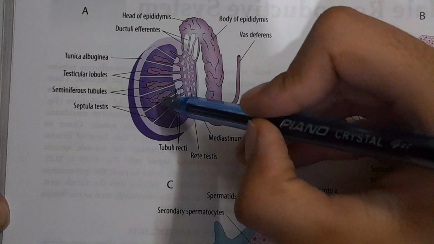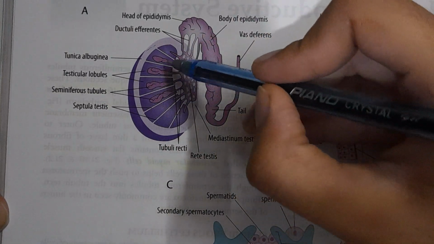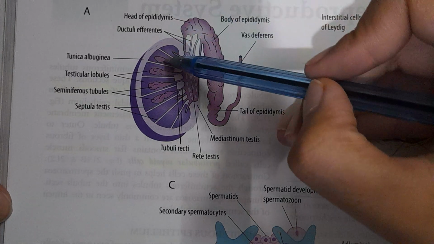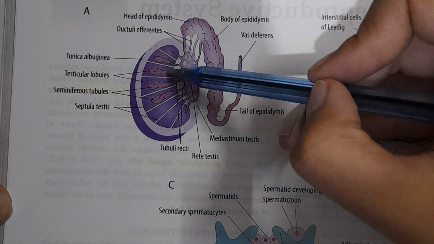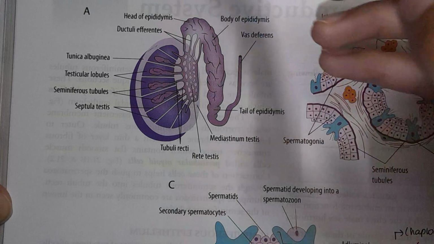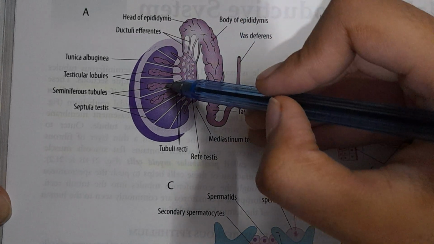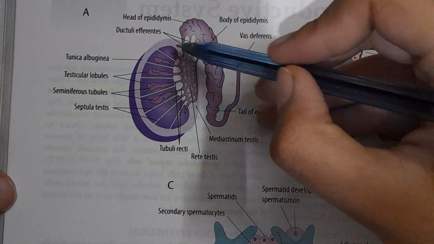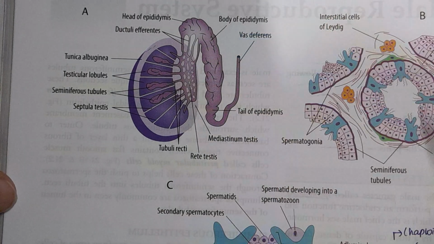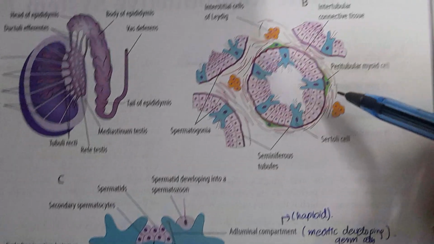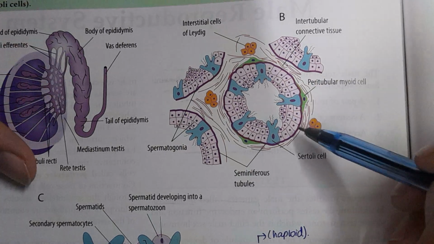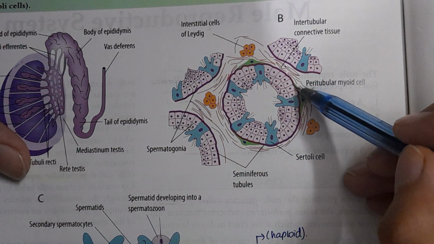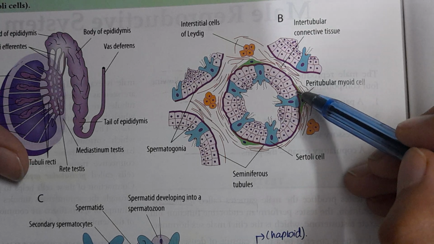Now, as we know, these are seminiferous tubules located in these lobules. The seminiferous tubules can be 1 to 4. They have a length of about 50 centimeters and a diameter of about 0.2 millimeters, and they have an inner epithelium, which is shown in this diagram. It shows this dark purplish staining region, which is the basement membrane.